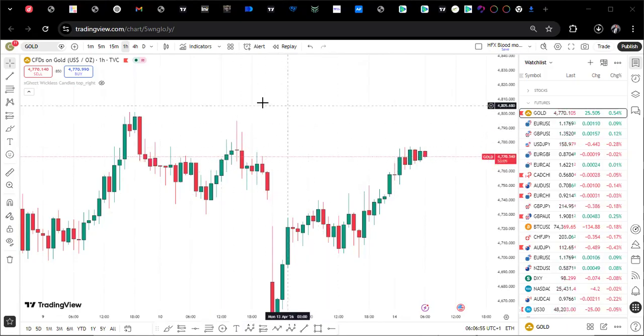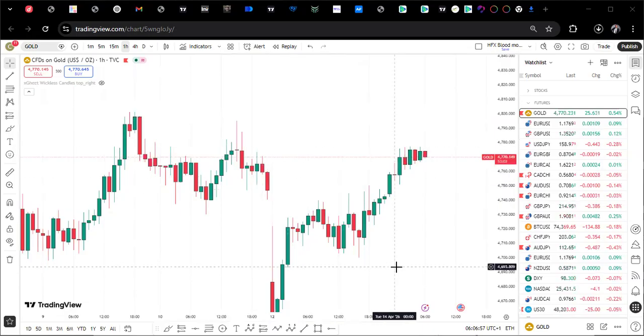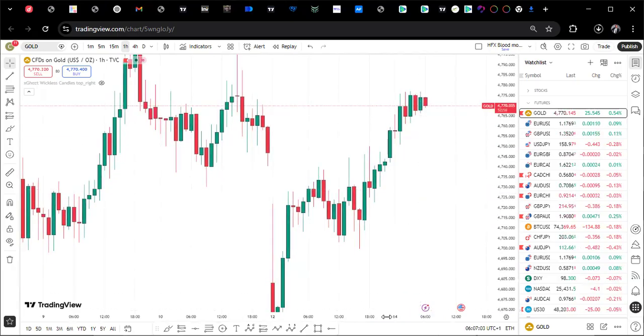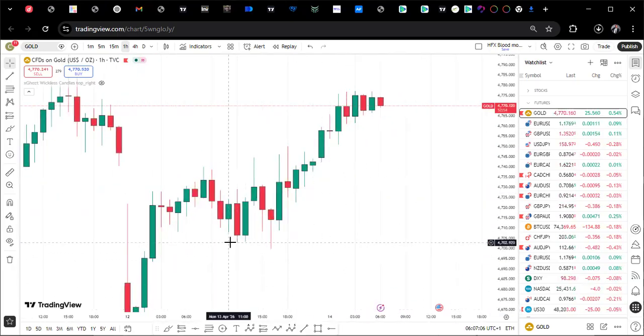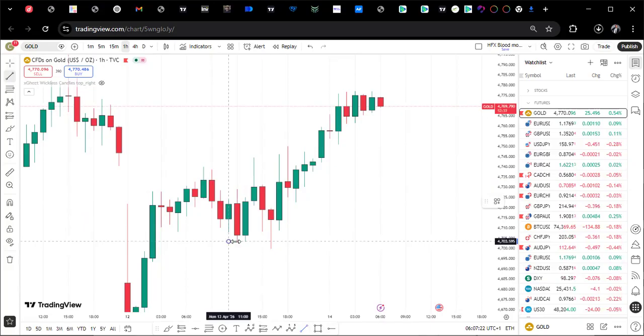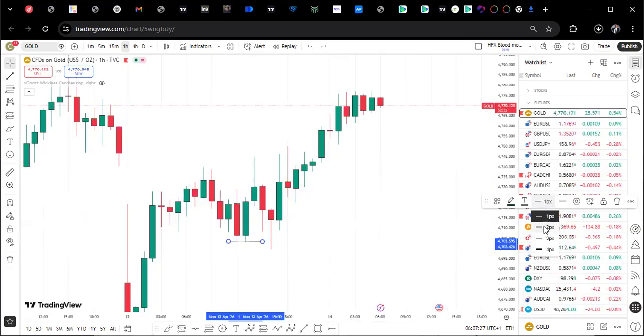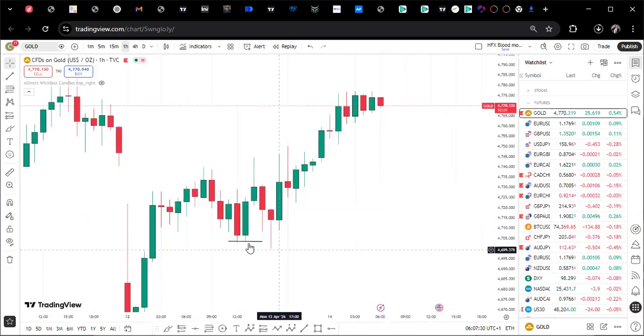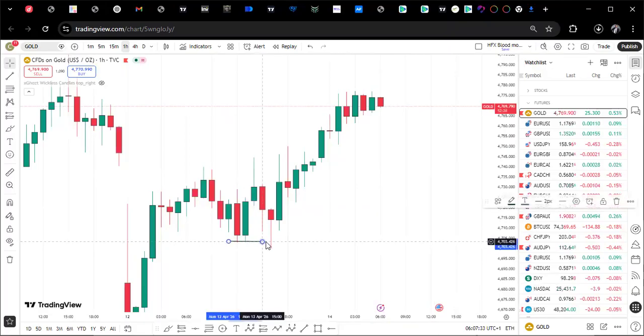Now, if you see an area like this, and there are other ones, that has multiple resistance or support zones, the market always wants to take out those lows, right?